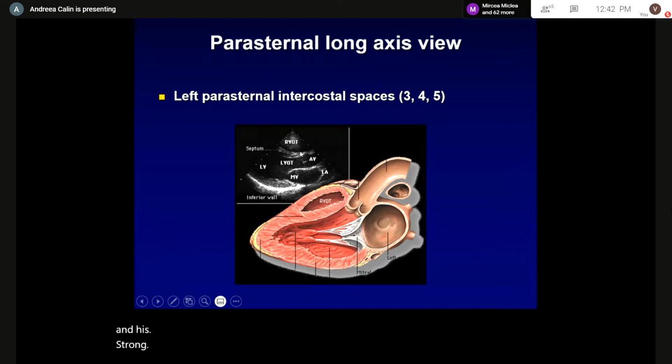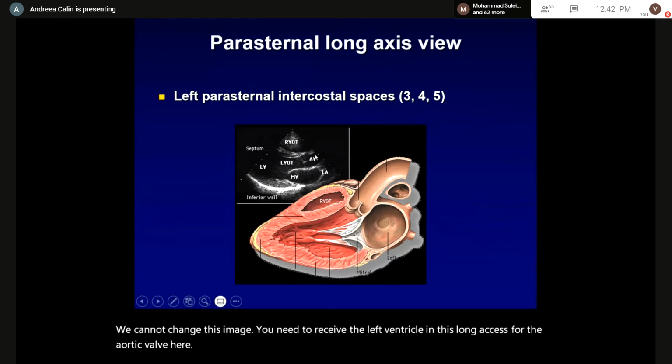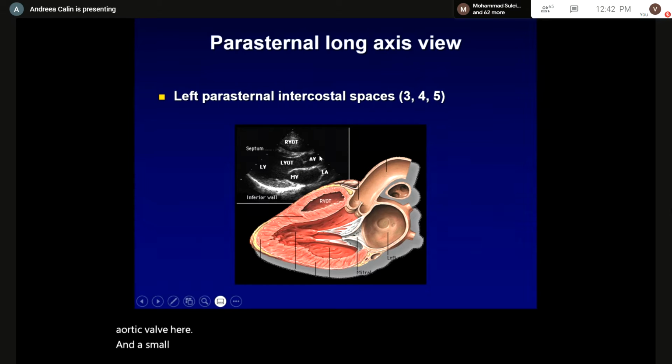We can obtain this image in which we see the left ventricle in this long axis view, the aortic valve here, and a small segment of the ascending aorta, and the left atrium. And between the left atrium and the left ventricle, of course, a mitral valve.